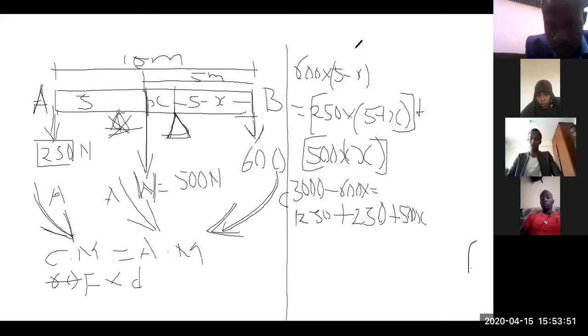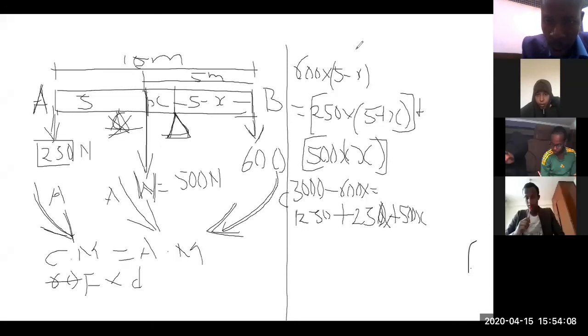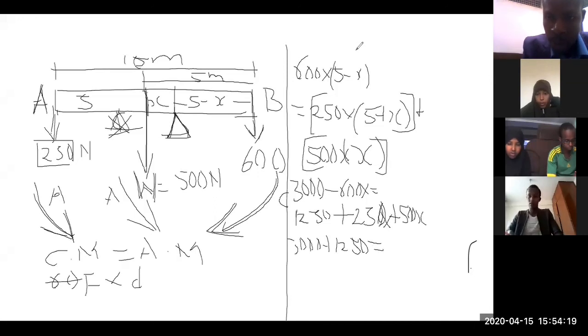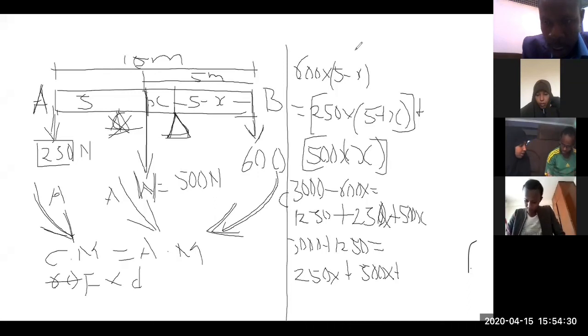From there, we collect the like terms. We are going to have 3,000 plus 1,250 being equal to 250x plus 500x plus 600x.